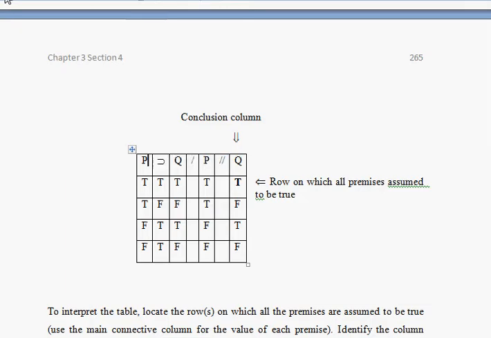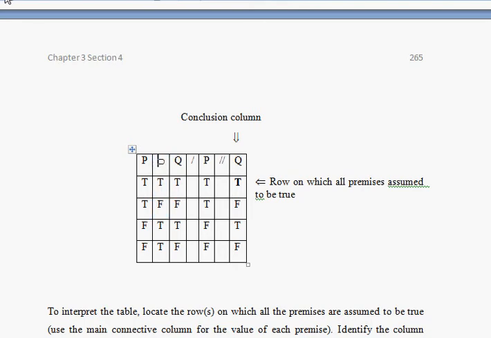And once again, we just take P: true, true, false, false, and make sure it's the same here. And then we do Q: true, false, true, false.